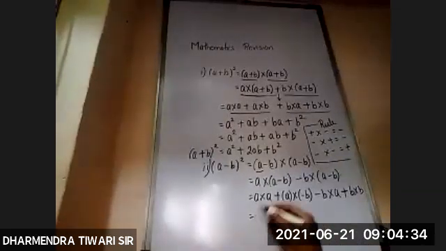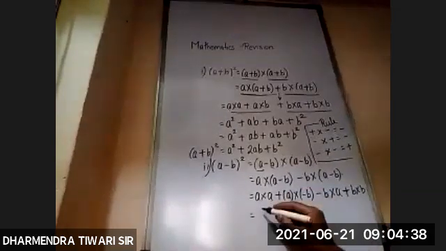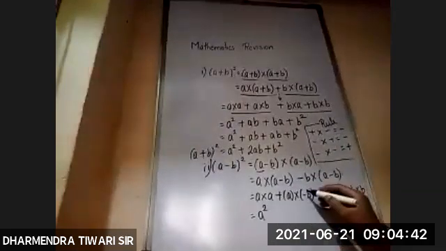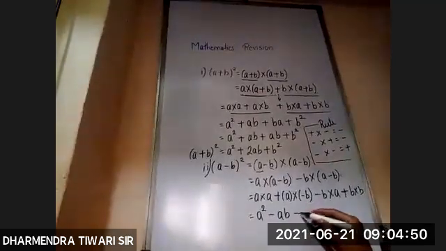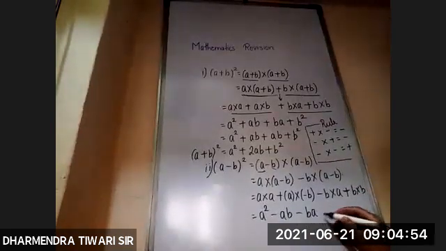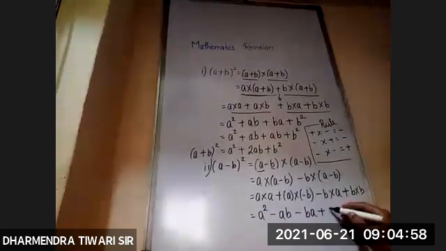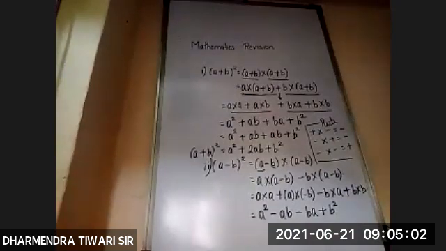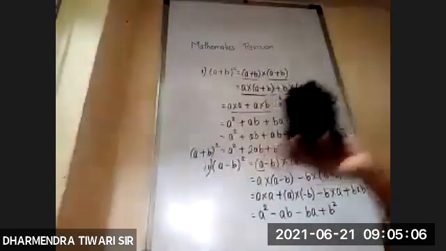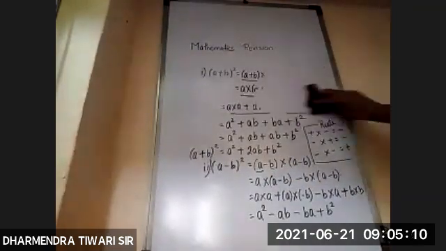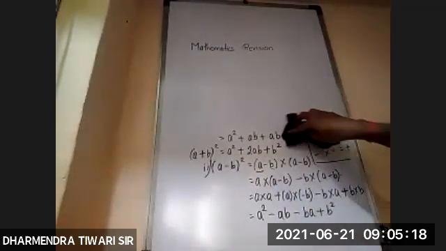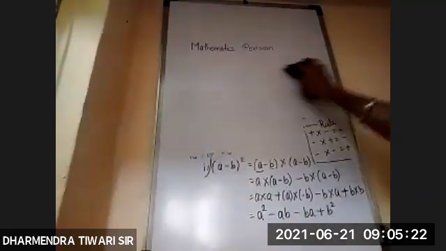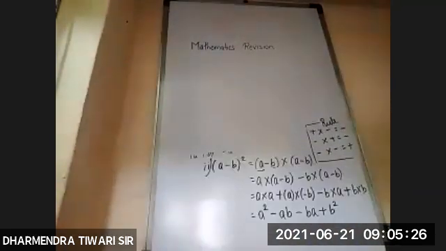Now we know that A into A is A square, plus minus is minus, A into B is AB, minus B into A is BA, plus B into B is B square.